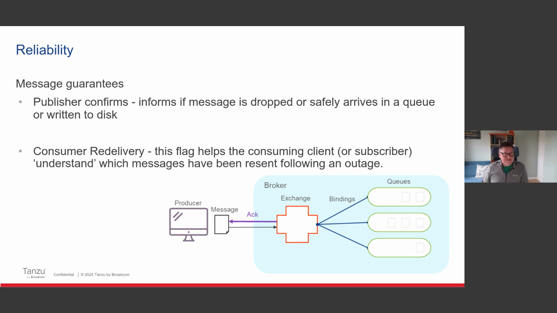And from a resend point of view, you've got consumer redelivery, which is a flag built into Rabbit that makes it easier for client applications that are consuming messages or subscribing in a pub sub kind of environment. They can identify which messages have been sent previously from this flag. And this allows the publisher to automatically resend or bulk resend messages after an outage to make sure that they're delivered.